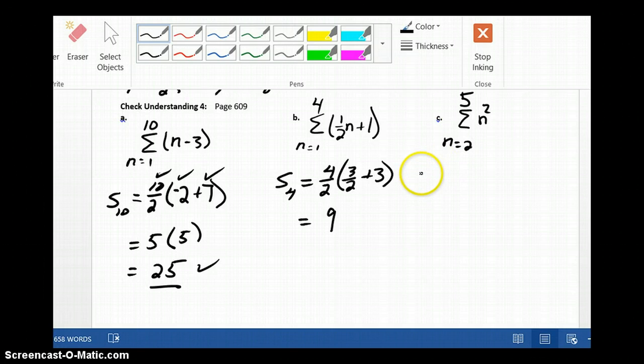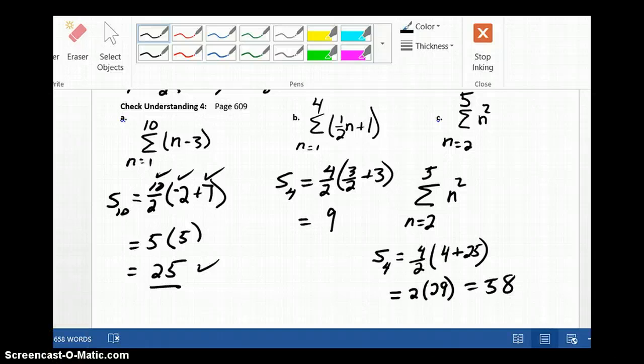The last one, I'm wanting to go from 2 through 5. So I'm going to start at n equals 2, and I'm going to go up through the number 5 for the sequence of terms of n squared. So when I look at this, I have 4 terms that I'm going to be summing, 2, 3, 4, and 5.